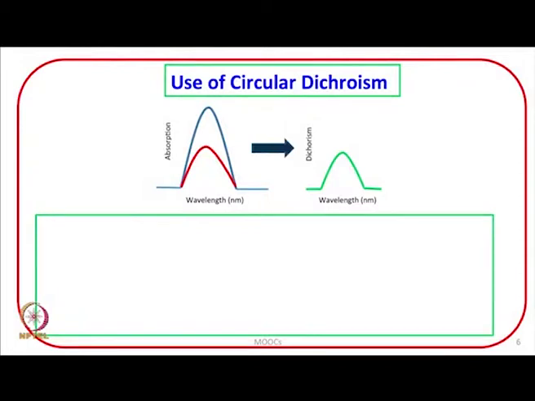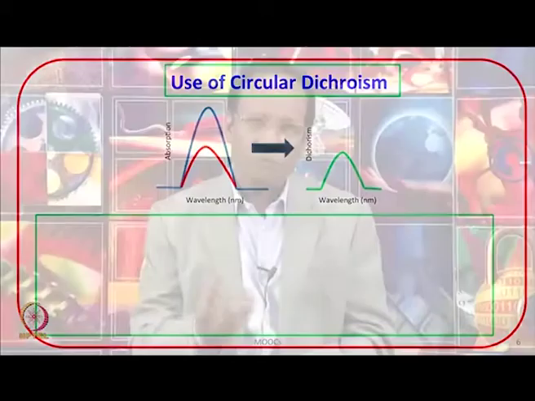In circular dichroism spectroscopy, the chiral sample, the sample which has molecules having chirality, will absorb left circularly polarized light and right circularly polarized light to different extents.